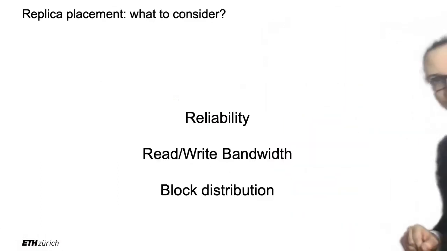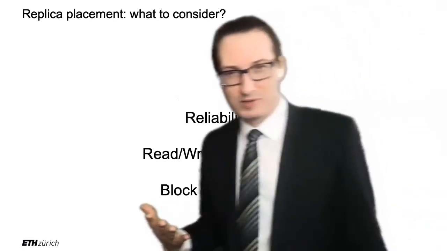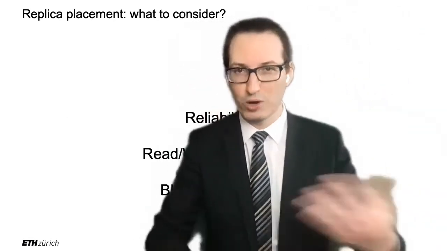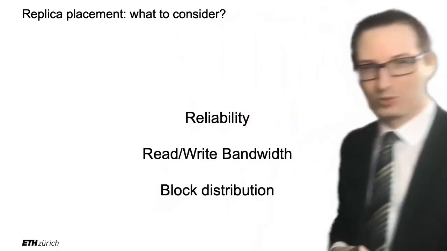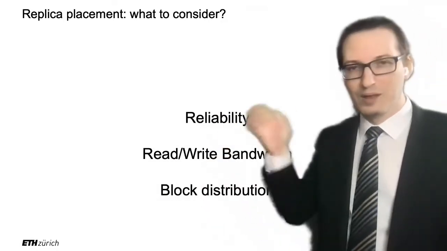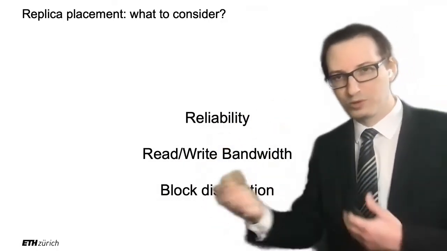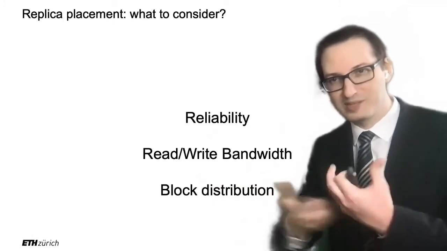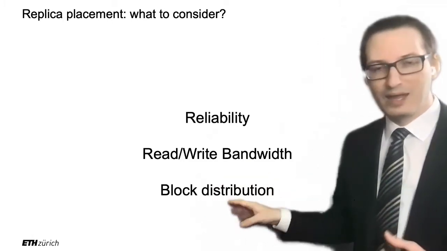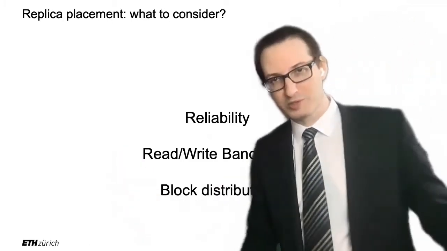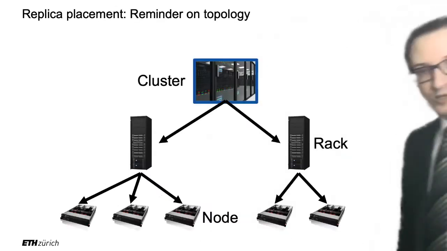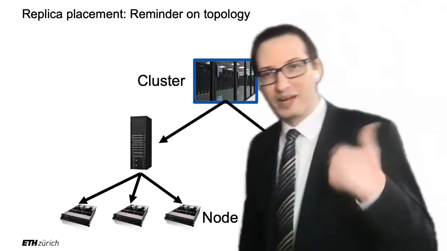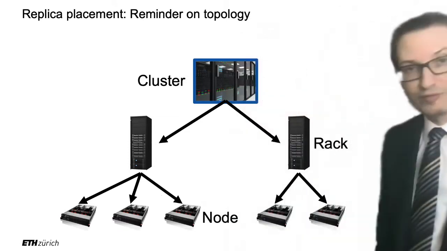So now, how do we place the replicas? It has to do, as I said, with network cables and bandwidth. You want to be reliable, you want to take into account that the bandwidth is limited on the network cables, and you want some distribution of the blocks over your cluster. So you need to come back to the physical layout of the data center.